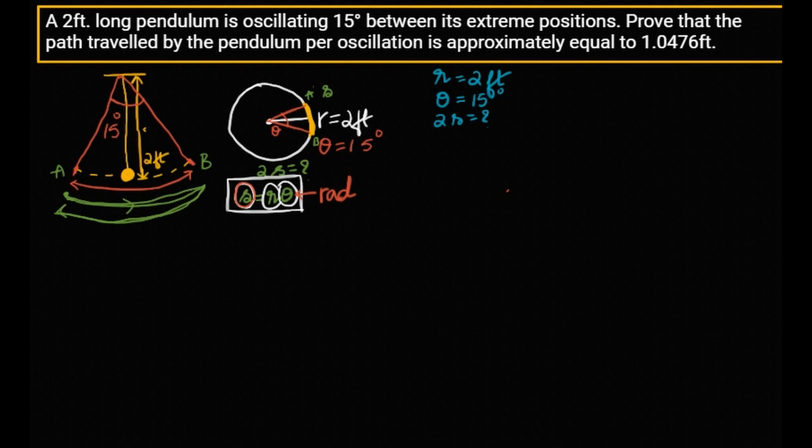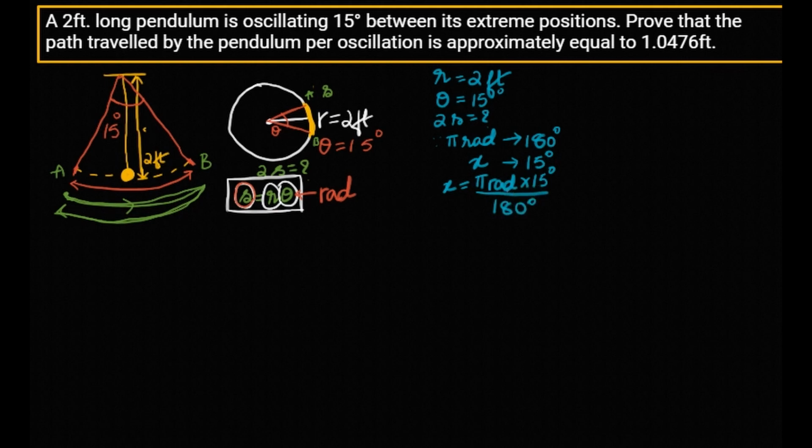So for that, we can use pi radians is equal to 180 degrees. So how much is 15 degrees in radians? Let this be x. When we cross multiply this, we get x is equal to pi radians into 15 degrees divided by 180 degrees.